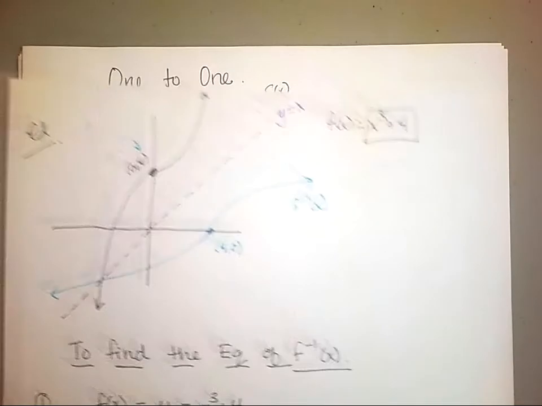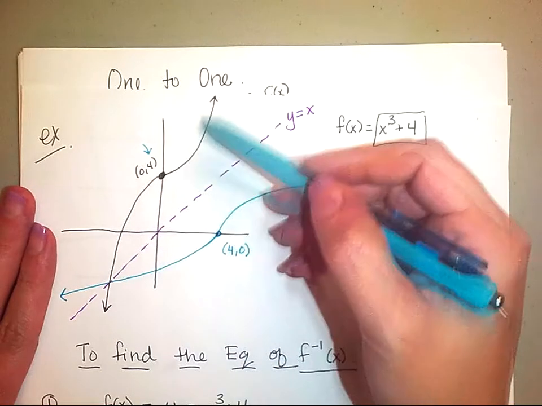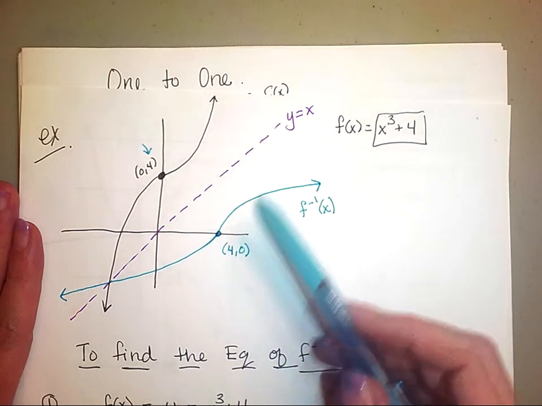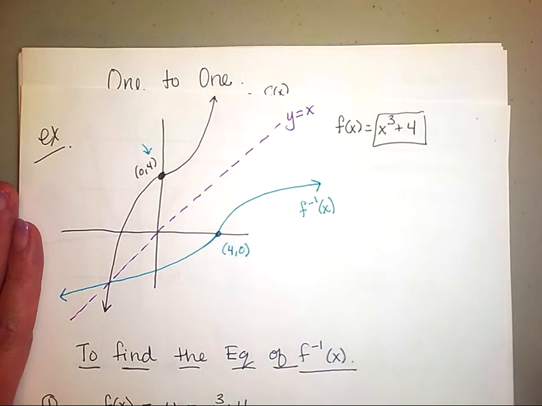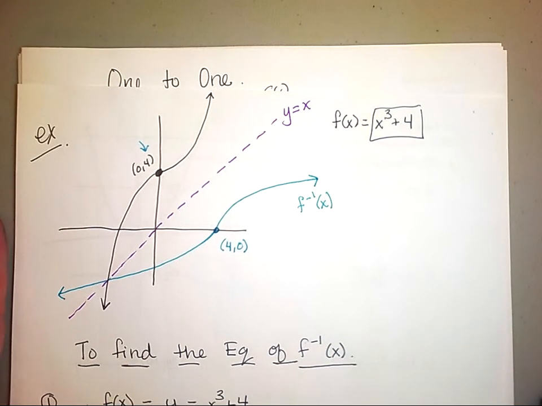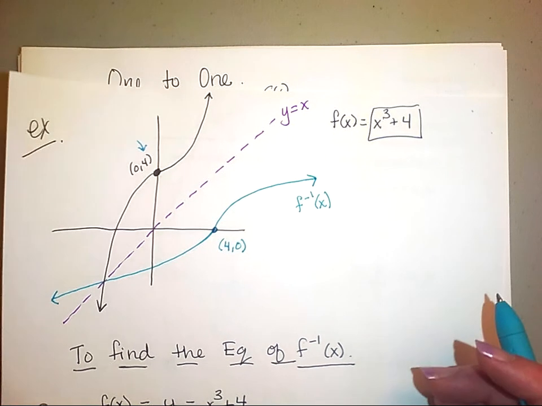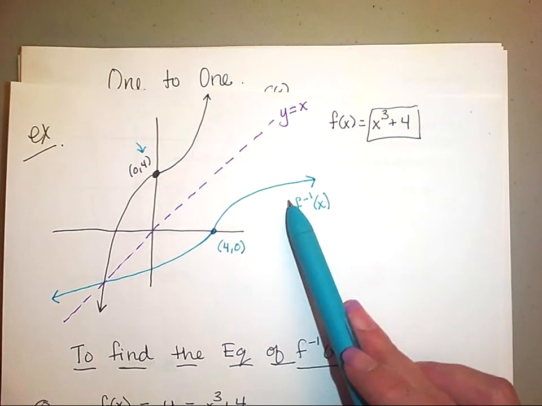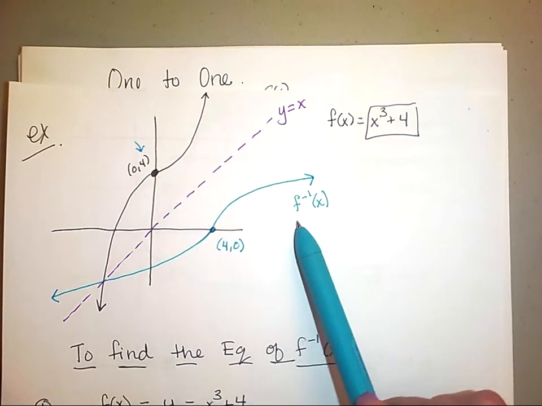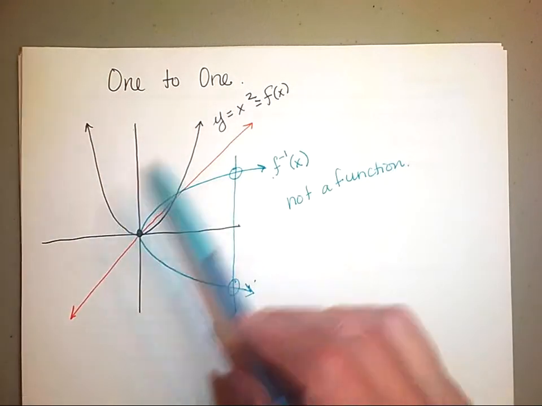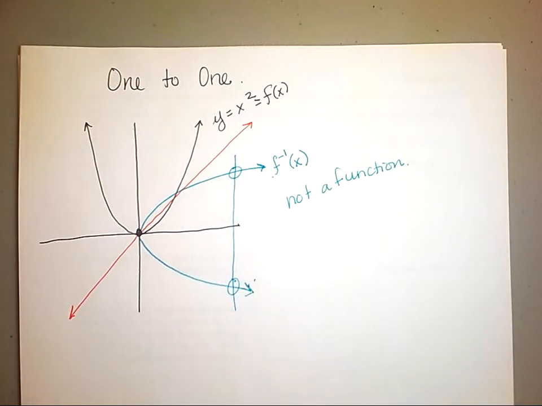Which is curious because in the earlier example, I had a function, and when I flip-flopped its points, f inverse was still a function. So the question becomes, how is it that some functions have inverses that are functions, and other functions have inverses that are not functions?